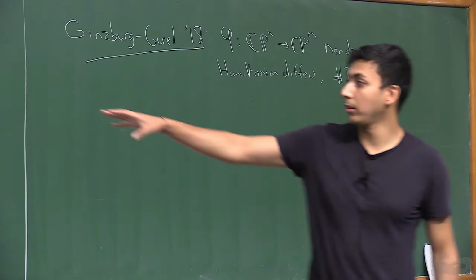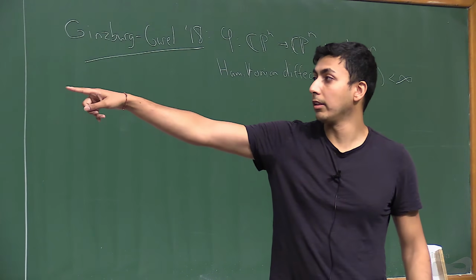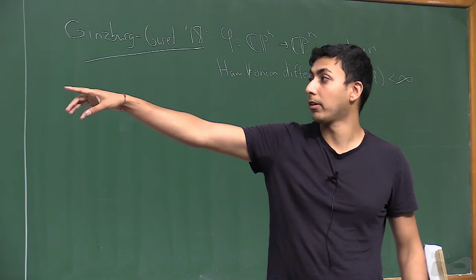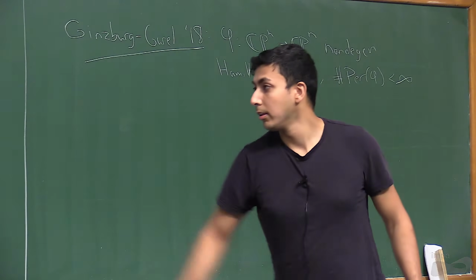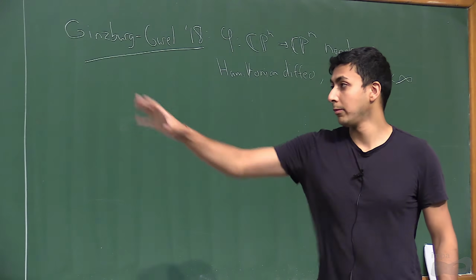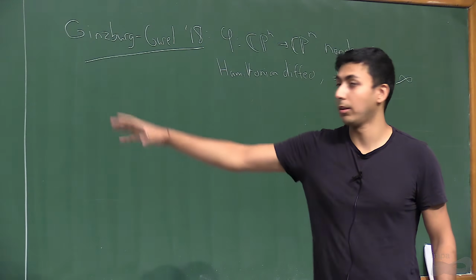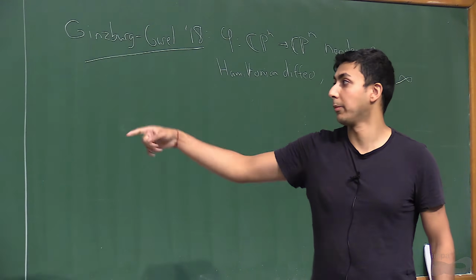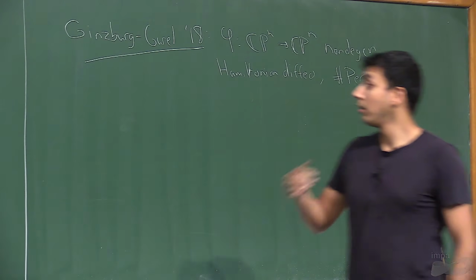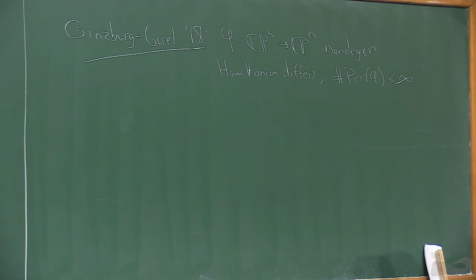The way that they stated it is that none of the periodic points are isolated as an invariant set, but you can basically, by using an elementary argument combined with their methods, get this slightly stronger result. Okay.